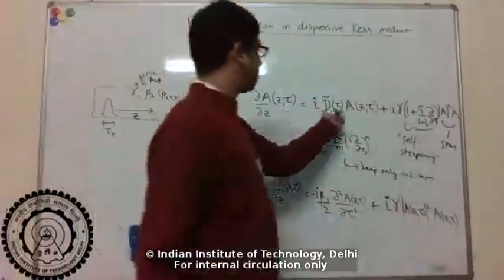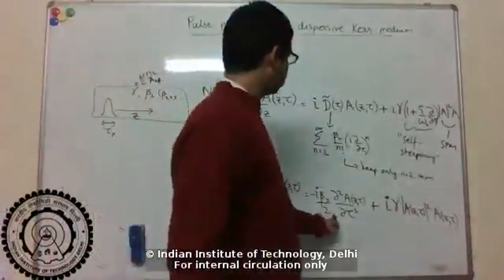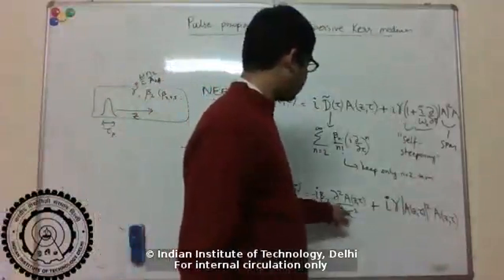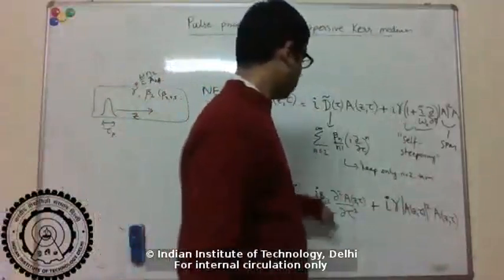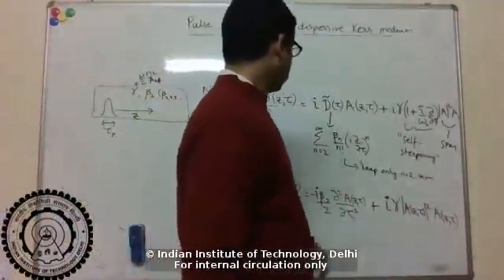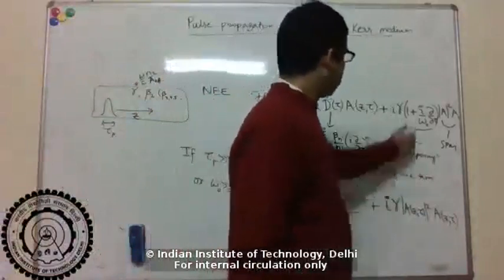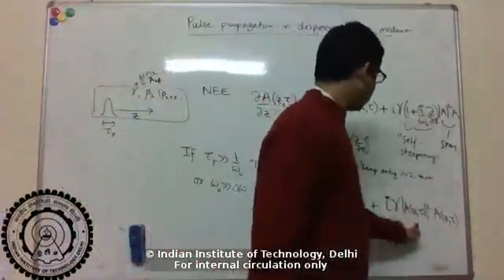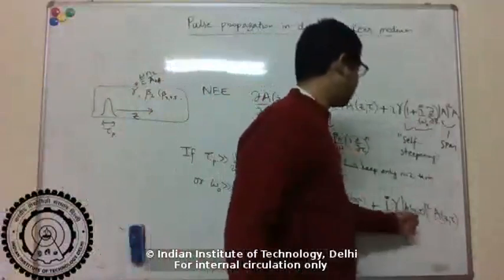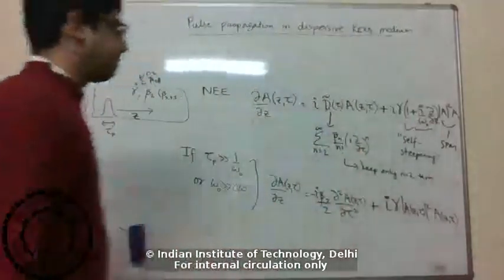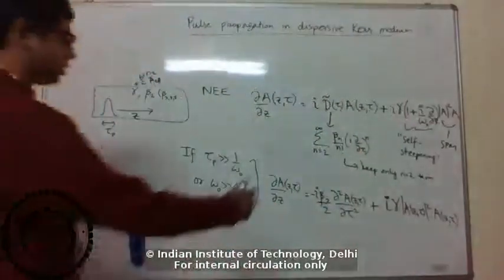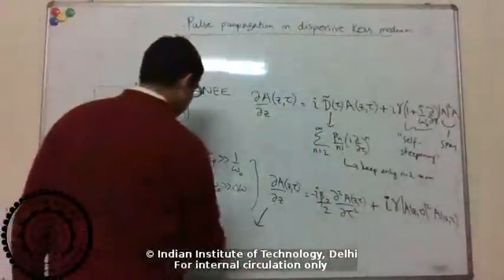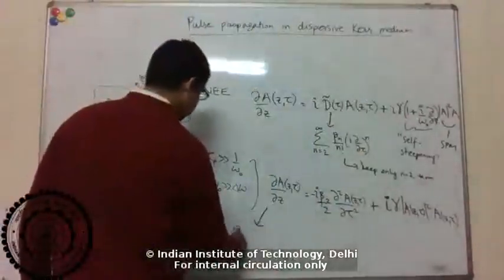So the dispersive term just has beta 2 now, and the second derivative with respect to time, because the n equal to 2 term, and here we get rid of the self steepening and we have only the self phase modulation, gamma mod A square. Okay. Okay, and this thing is called the nonlinear Schrodinger equation.